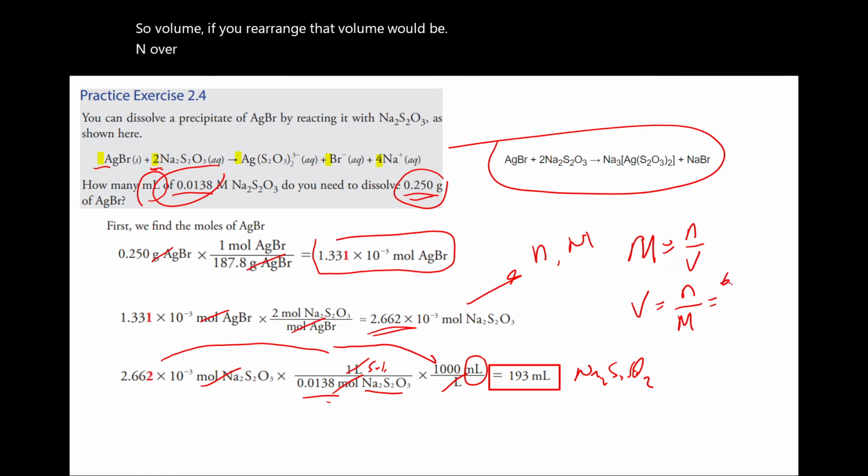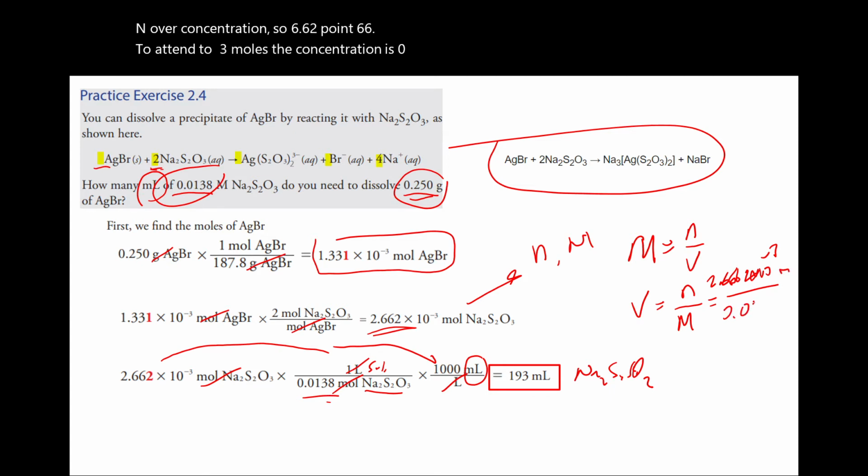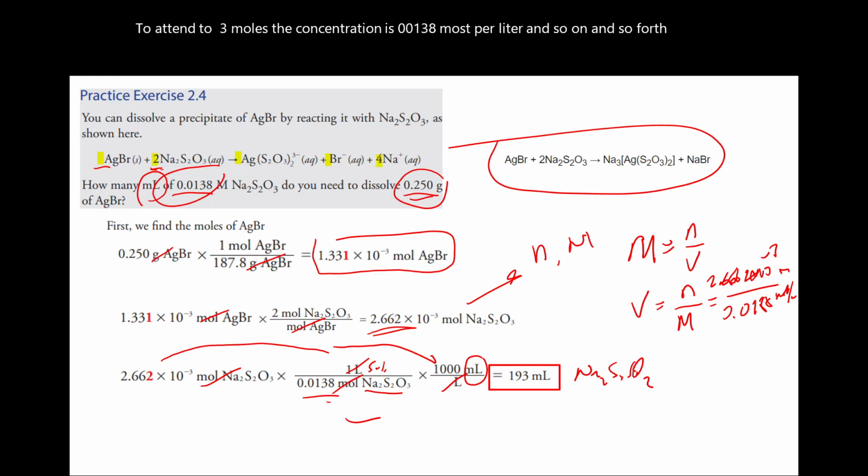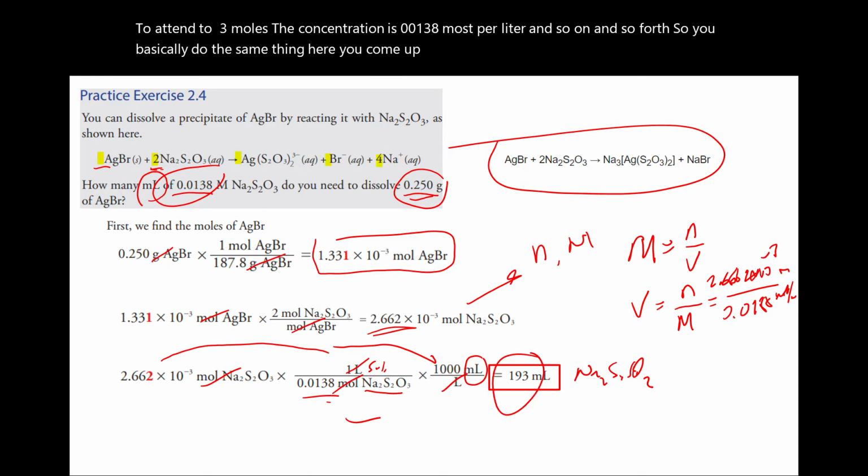So 2.66 × 10^-3 moles, the concentration is 0.0138 moles per liter, and so on. You do the same thing here and come up with 193 milliliters.